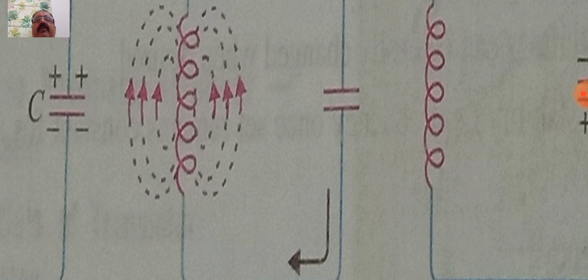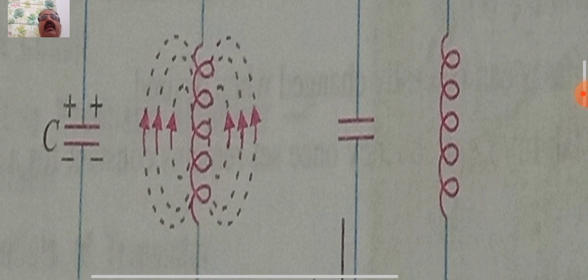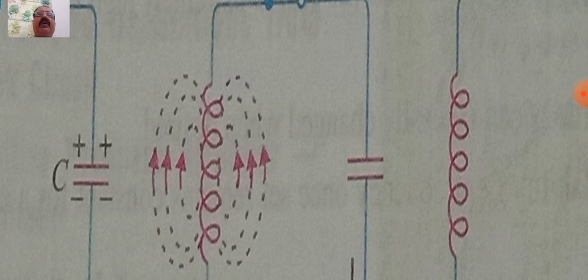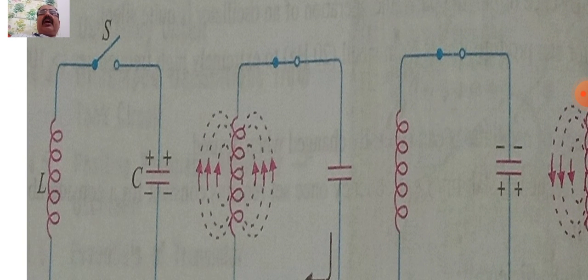The circuit current will be maximum when the capacitor is fully discharged. At this instant, electrostatic energy is 0 because electron motion is greatest, that is maximum current. The magnetic field energy around the coil is maximum. So from figure 2 we can say that the electrostatic energy across the capacitor is completely converted into magnetic field energy around the coil.